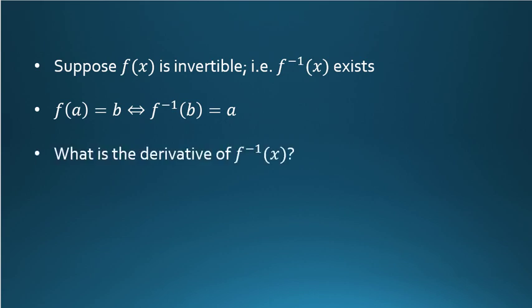And we want to know, how can we come up with the derivative of this inverse function? Well, there's a special theorem out there. It's called the Inverse Function Theorem.